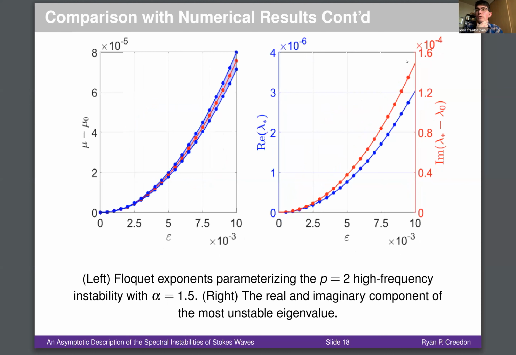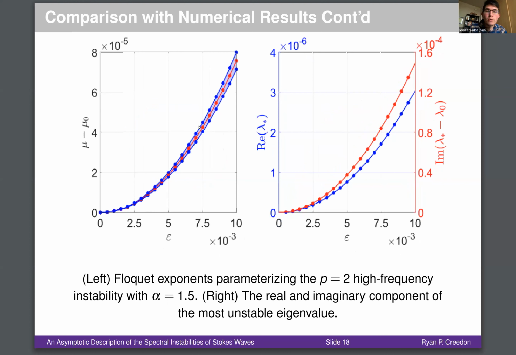If you wanted to look at how these quantities depend on epsilon, what you could do is plot, for example, what the interval of Floquet exponents that parameterizes this high frequency instability looks like as a function of epsilon. In the solid curves, you're seeing asymptotic predictions, and in the dots, numerical results. Again, excellent agreement.